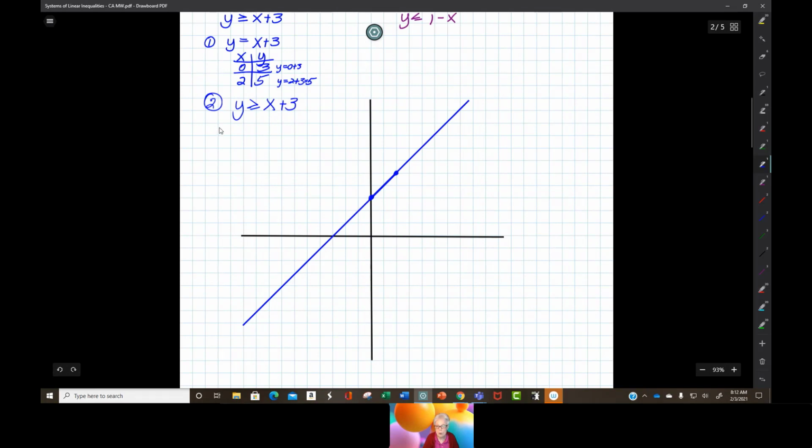Okay, so I can make 0, 0 my test point. So if my test point is 0, 0, then what I will have is 0 is greater than or equal to 0 plus 3, which means 0 is greater than or equal to 3. I don't even need to graph that to know that 0 is not greater than 3. So this gives me a false for the blue line.